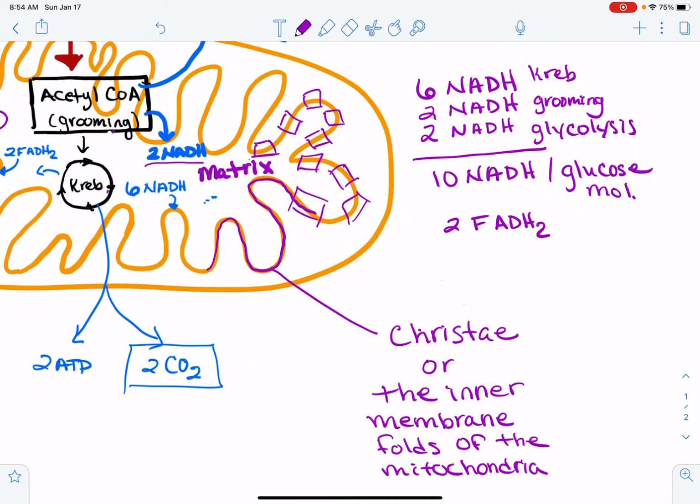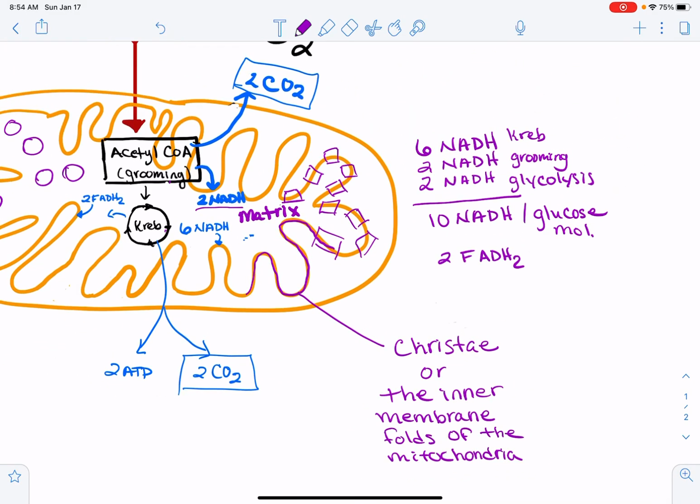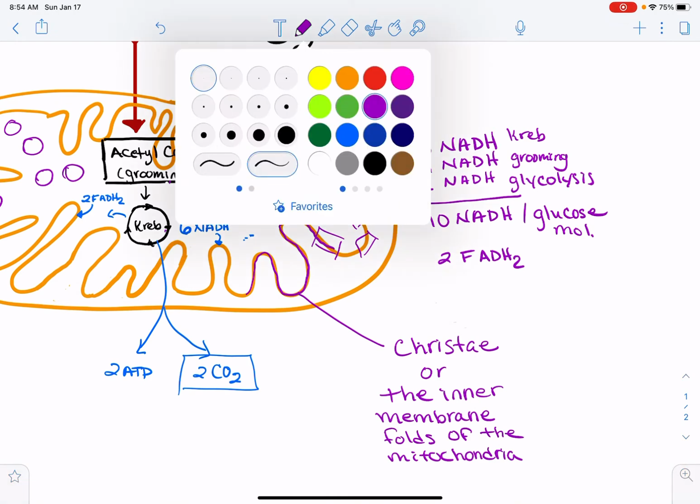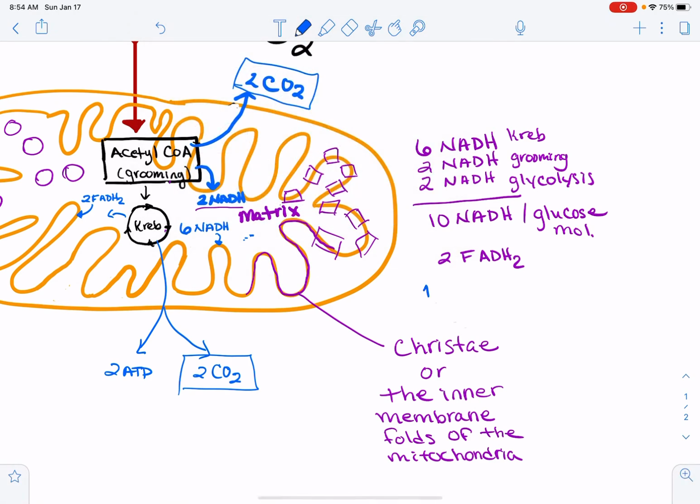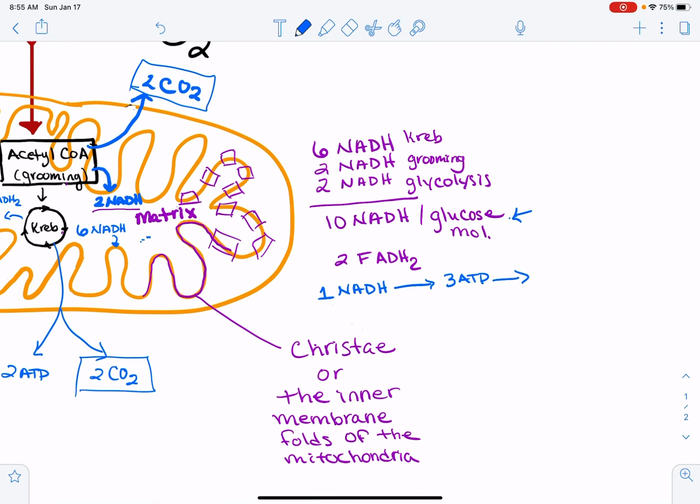So let's quickly do the math on this. If you recall, I told you that for every 1 NADH, you get 3 ATP. And since we have 10 NADH, that's going to give us a yield of 30 ATP. For every 1 FADH2, you get 2 ATP, and that's going to give us a yield of 4 ATP.